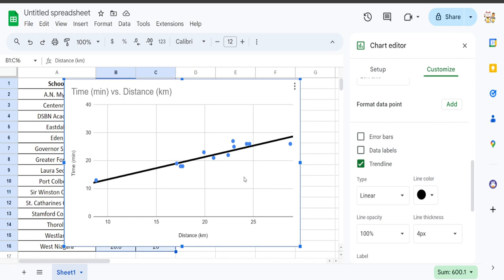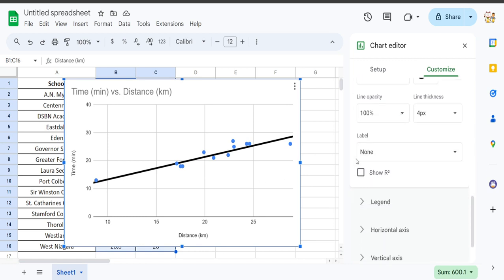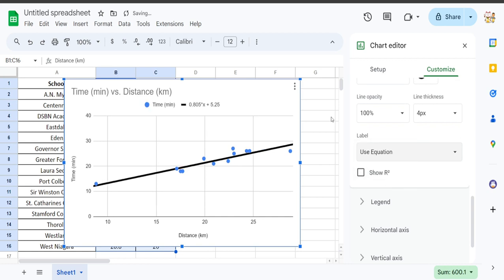I want to determine the equation for this line. So we're going to keep scrolling down to where it says label, and we're going to say use equation. Now we can see an equation pop up of 0.805 times x plus 5.25. So that is going to be my equation.